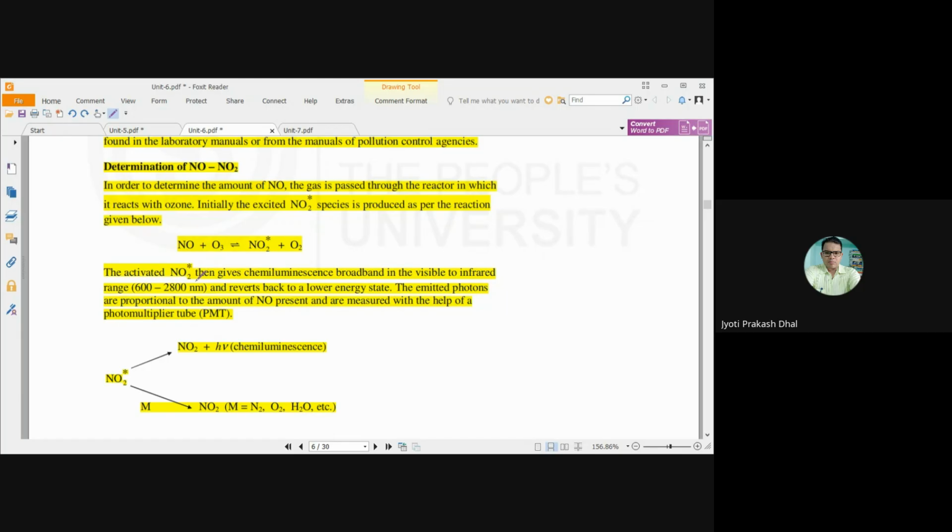The activated NO2 then gives chemiluminescence, a broadband in the visible to IR range, and reverts back to a lower energy state. The emitted photons are proportional to the amount of NO present in the sample, which is detected with the help of a photomultiplier tube.